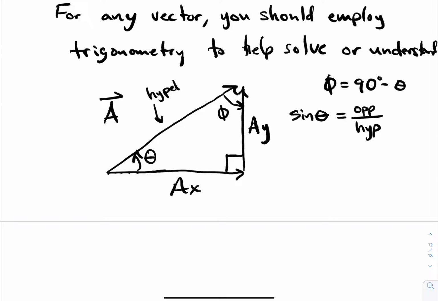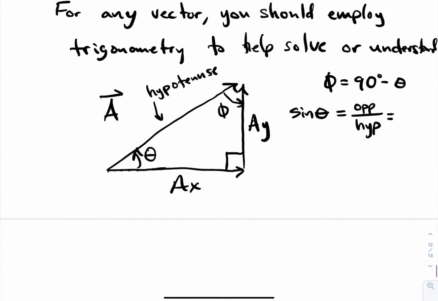Sorry, I misspelled it at first. Hypotenuse. And the hypotenuse is always opposite the 90-degree angle, just so you know. It's always opposite the largest angle, which is 90 in this case. But anyway, sine of our angle is always opposite over hypotenuse. So the sine of our actual theta here is AY over A, the magnitude of A, really. So I'll just be super careful and write that out.